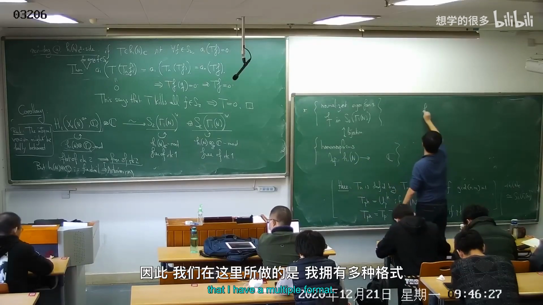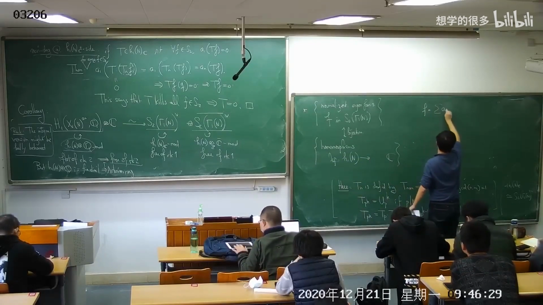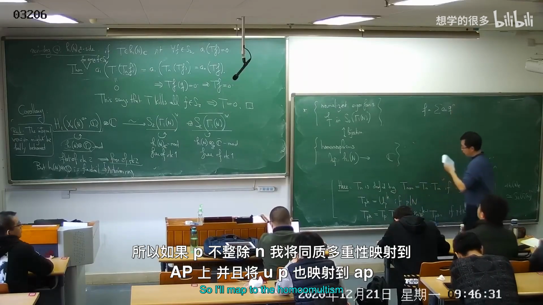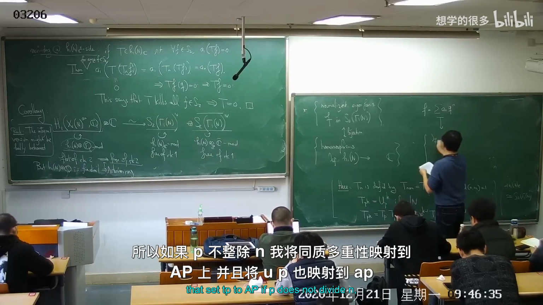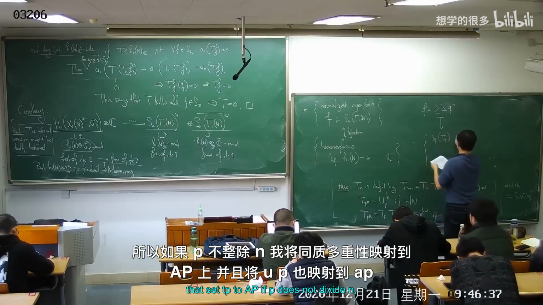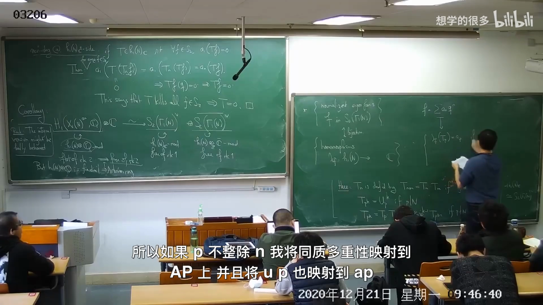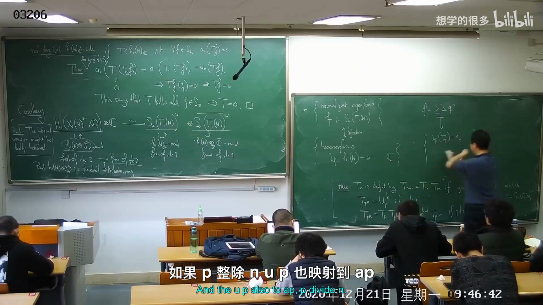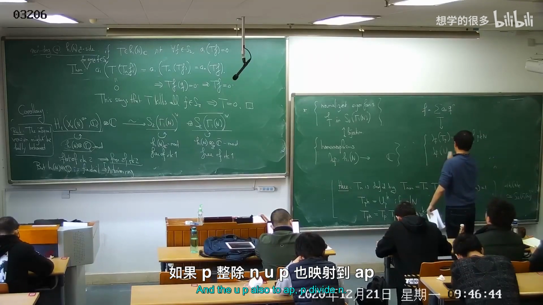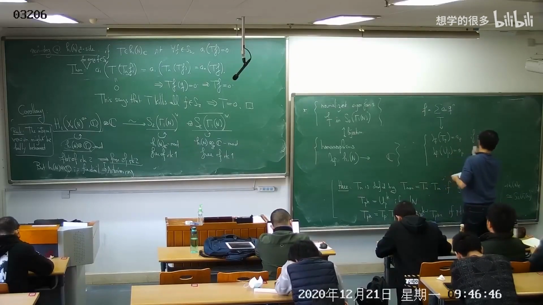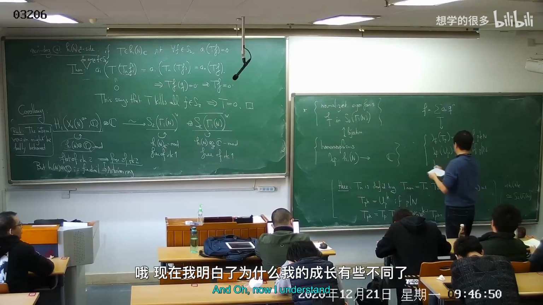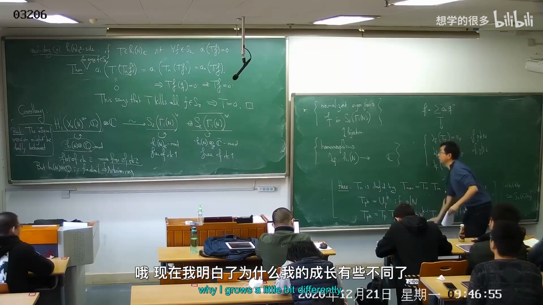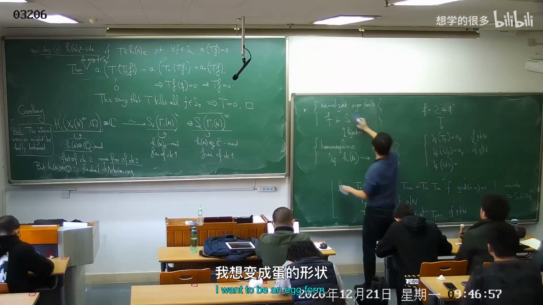So what we're doing here is mapping to the homomorphism that sends T_p to a_p if p does not divide N, and U_p also to a_p if p divides N. Now I understand why I wrote it a little differently.